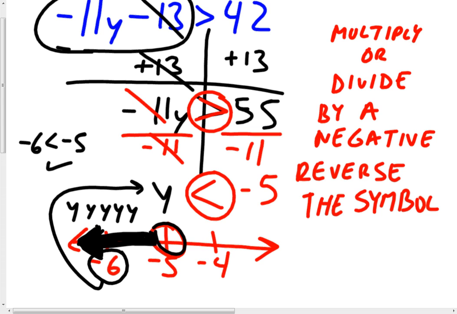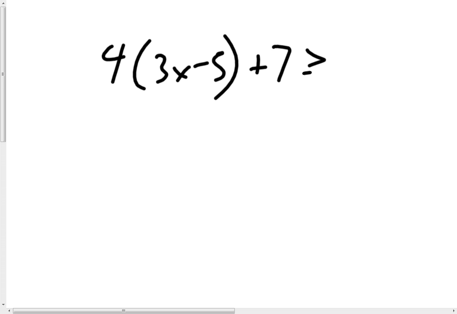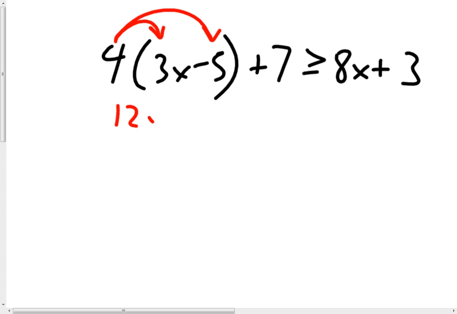Number 2. What should you do first? Distribute. Do I distribute with that? No, just bring that down.